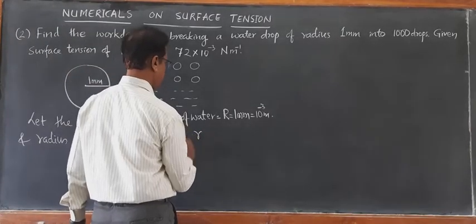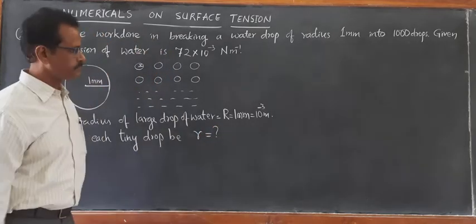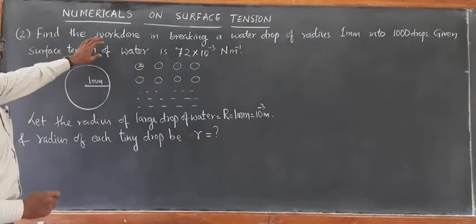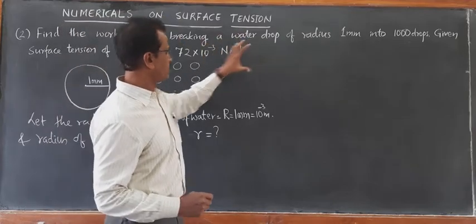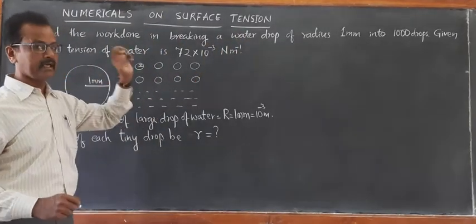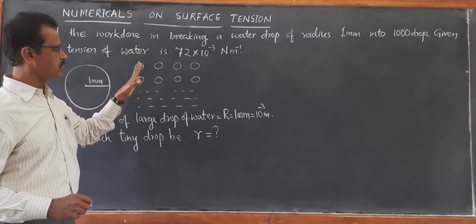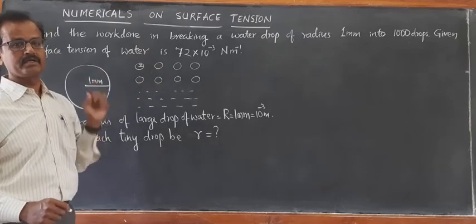This small r is equal to how much? First we have to find out. So here the question is to calculate the work done in breaking one large water drop into the formation of 1000 tiny drops of identical sizes. Work has to be done. How much is the work required?